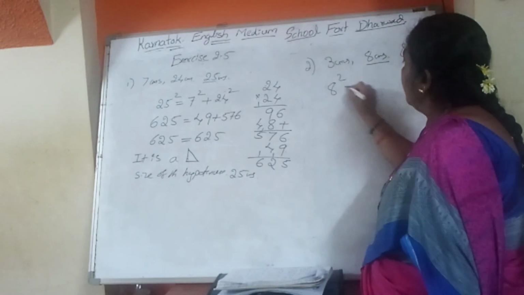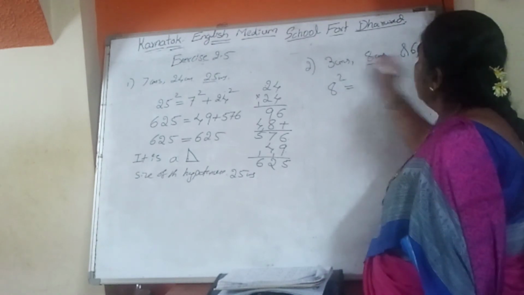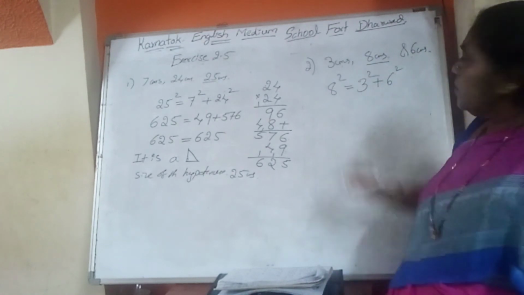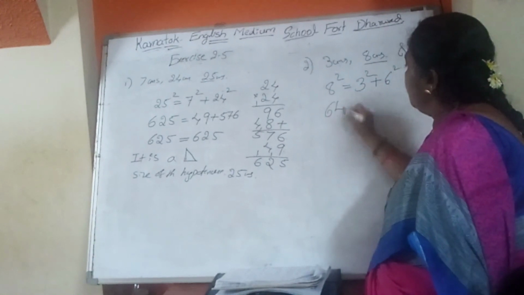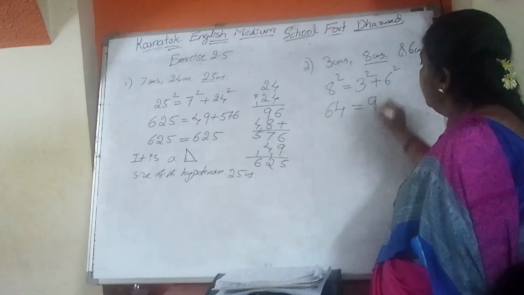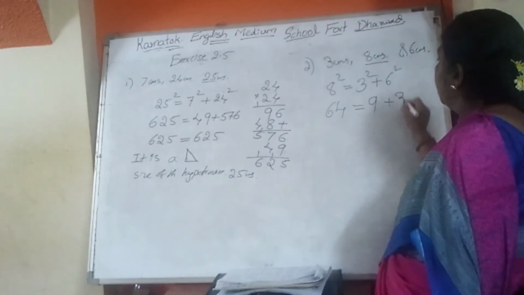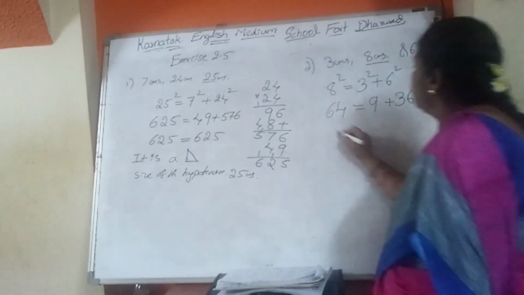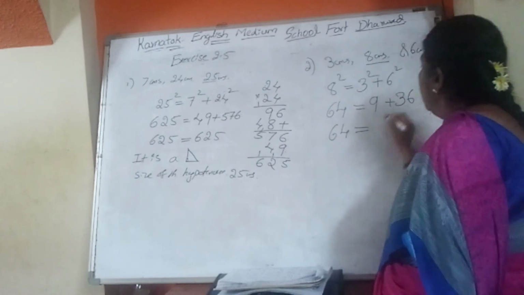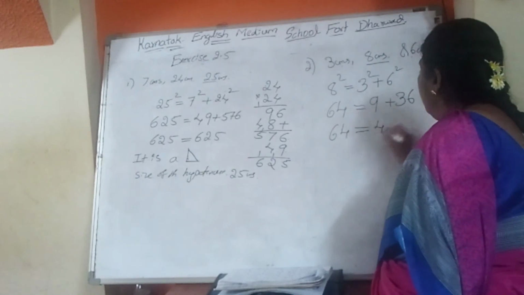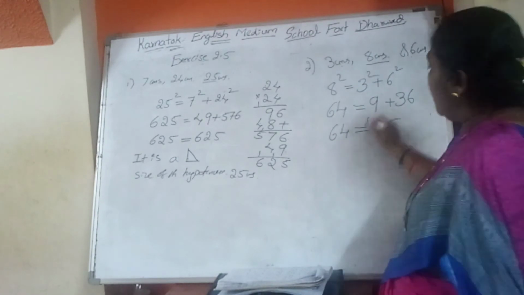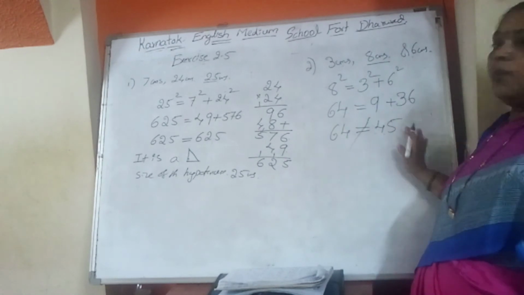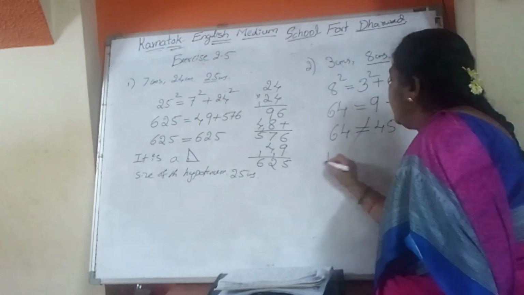So 8 square should equal the remaining two: 3 square plus 6 square. 8 eights are 64, and 3 threes are 9 plus 6 sixes are 36, that is 45. Are LHS and RHS equal here? No, it is not equal. LHS is not equal to RHS, so it is not a right angle triangle.